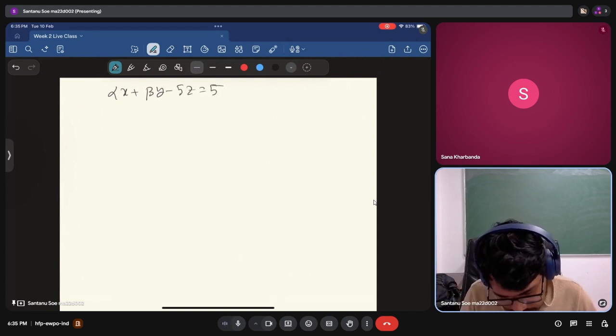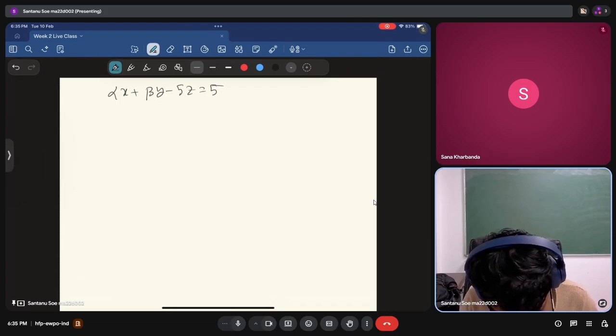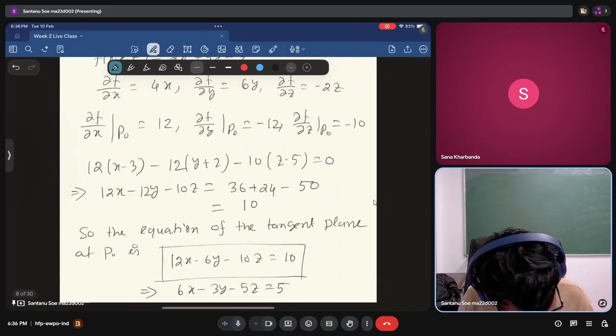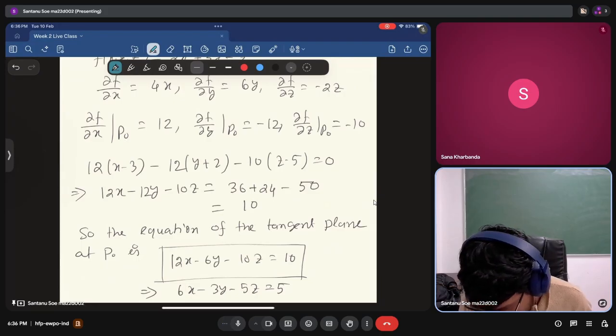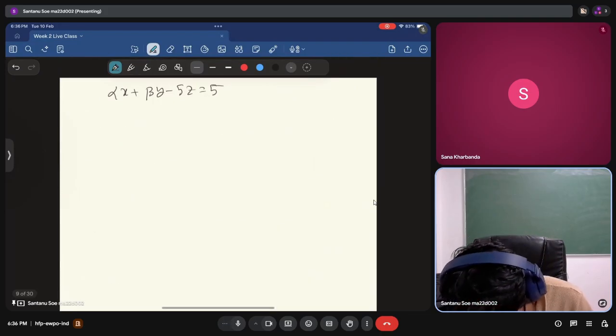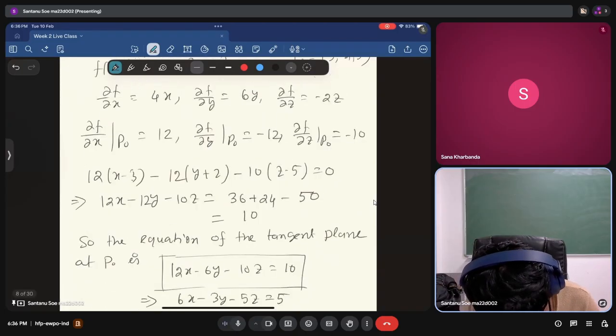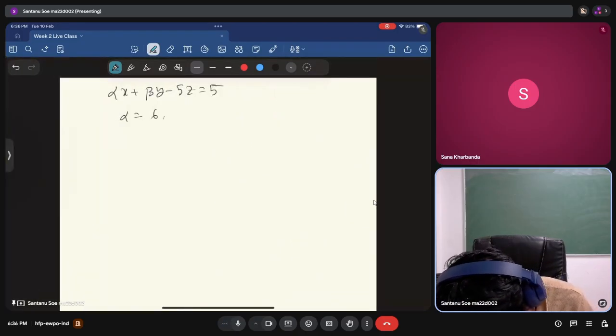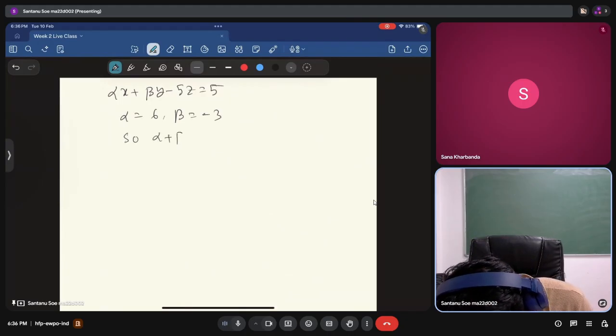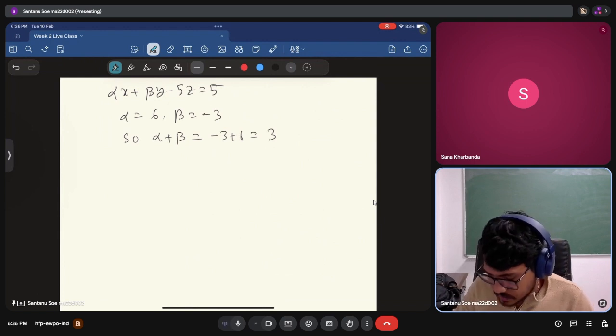So if you compare with the previous tangent plane, which is 6x minus 3y minus 5z, then we can see that alpha is 6 and beta is minus 3. So alpha plus beta should be minus 3 plus 6, which is 3. So this should be the answer for the first question.